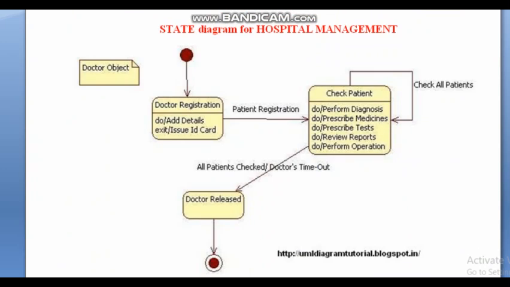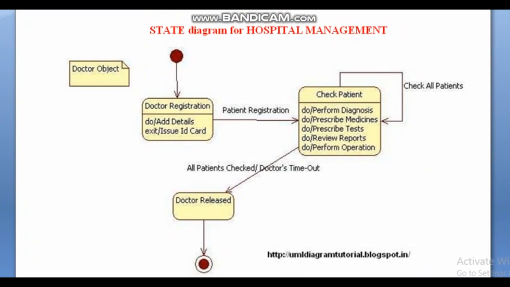Another type of diagram is called the state diagram. In a state diagram you can see that each of the modules has to undergo some state. This is the beginning state and this is the end state. This gives you a state diagram for patient registration and allotment of doctor.